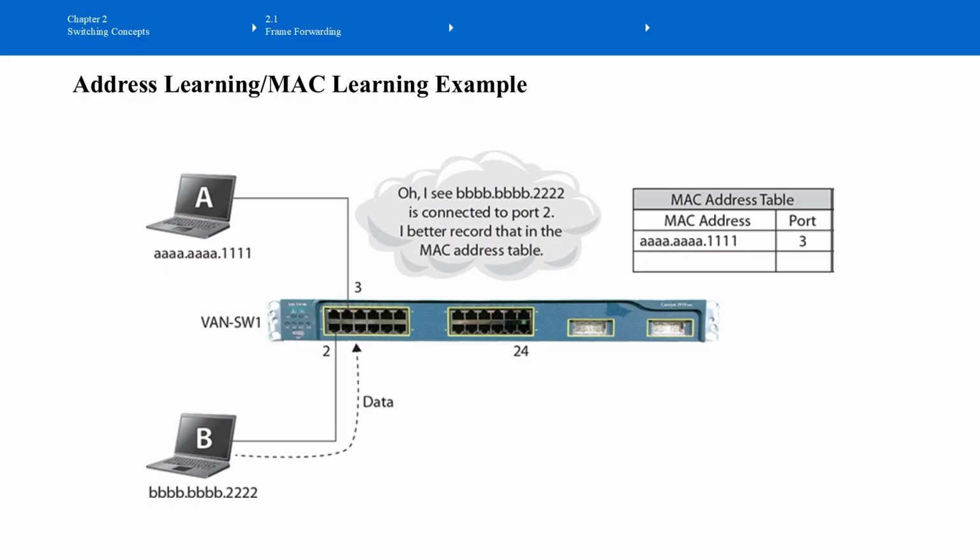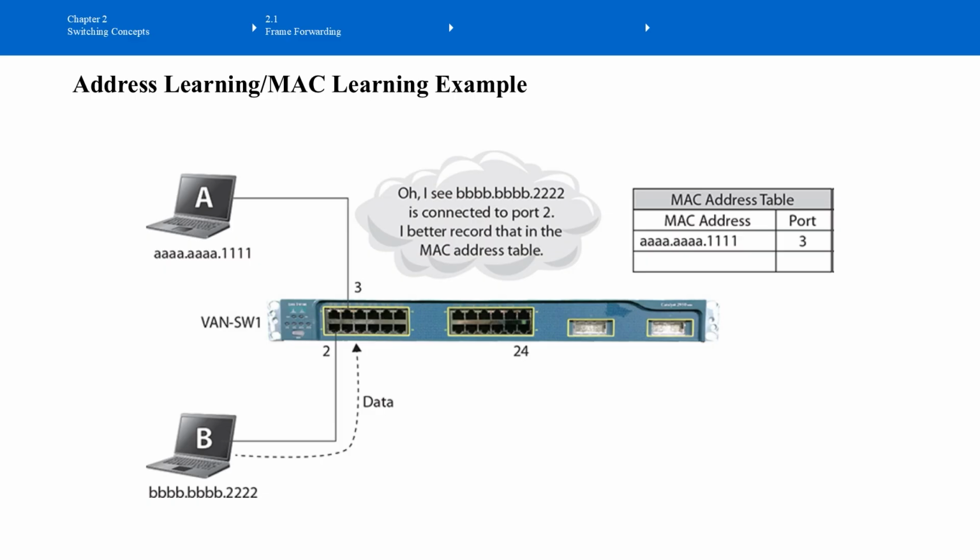And then the cloud here shows it recognizes computer B, BBBB.BBBB.2222, the MAC address of it, is connected to port 2. I better record that in the MAC address table.